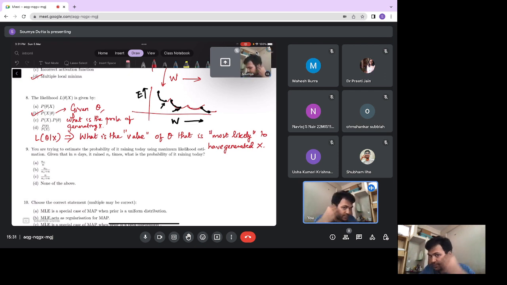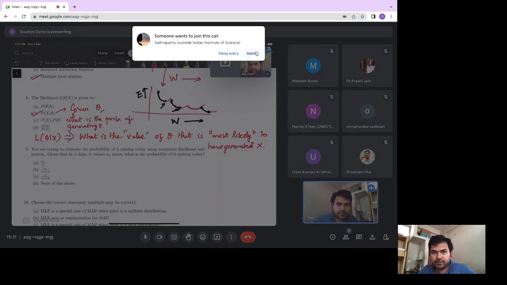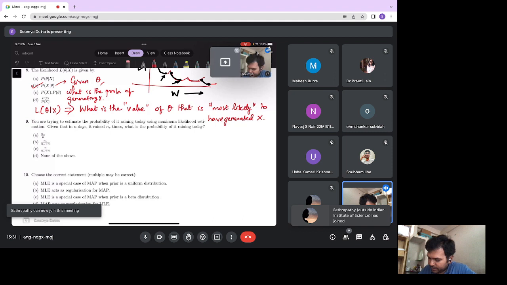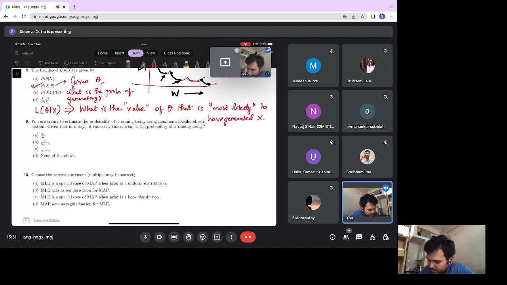The second one is a very simple application of maximum likelihood estimate. So you are trying to estimate the probability of it raining today using maximum likelihood estimation. Given that in n days it rained nr times, what is the probability of it raining today?